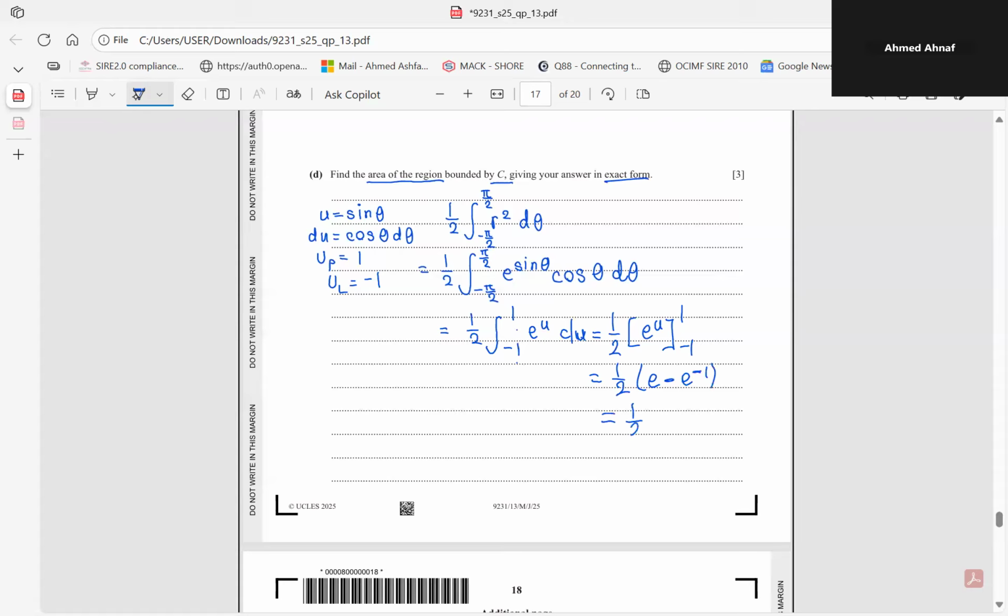Hence our answer is half e minus half e to the power of negative 1, in units squared. So this is our final answer for this part. And if you want to check whether the integration is correct, you can just type this exact integral into your calculator.